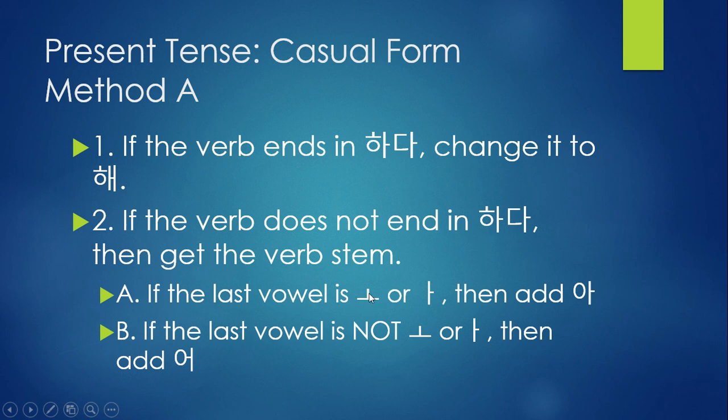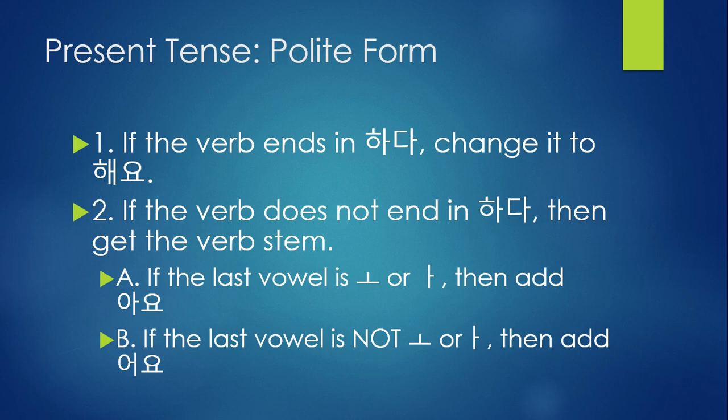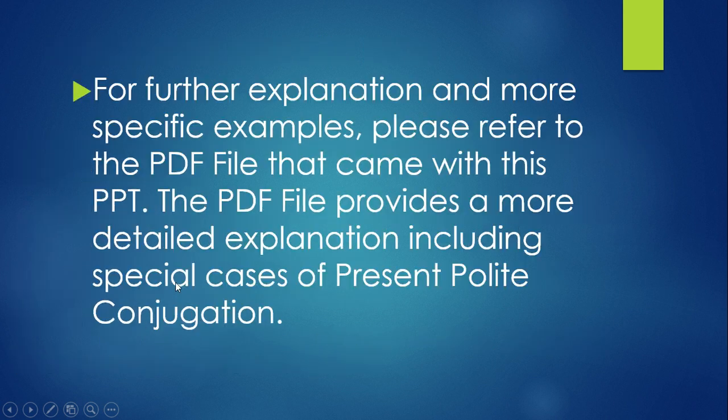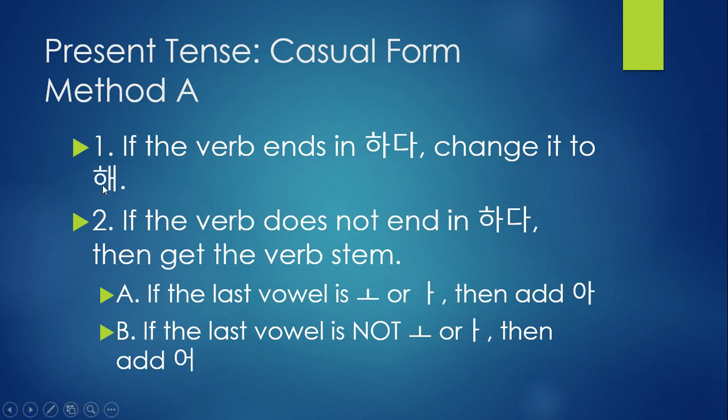Last vowel is o or a, add a. Last vowel is not o or a, then add o. Does this look familiar? Yes, it is similar to the polite form rules. The only difference is, for the polite form, there's yo. And for the casual, there's no yo. That's it.